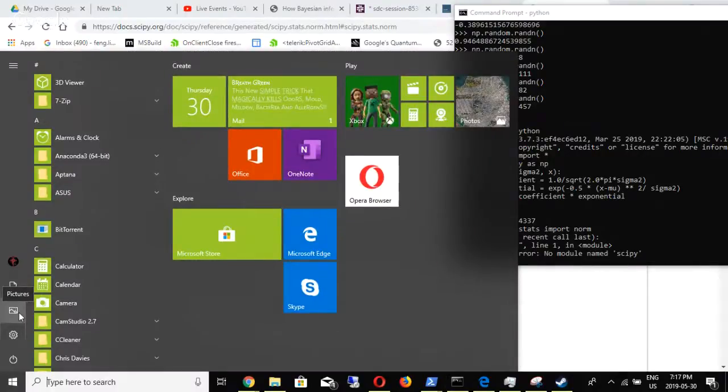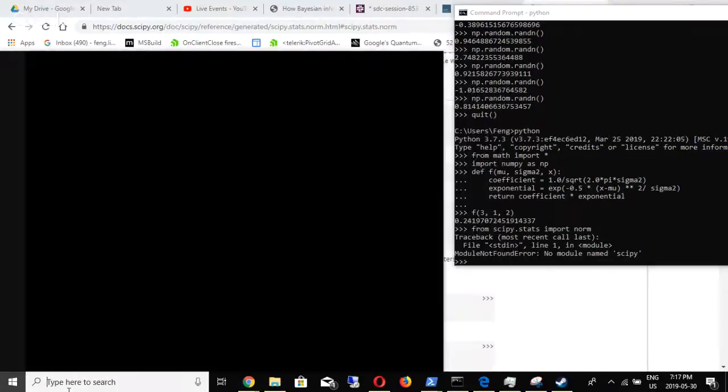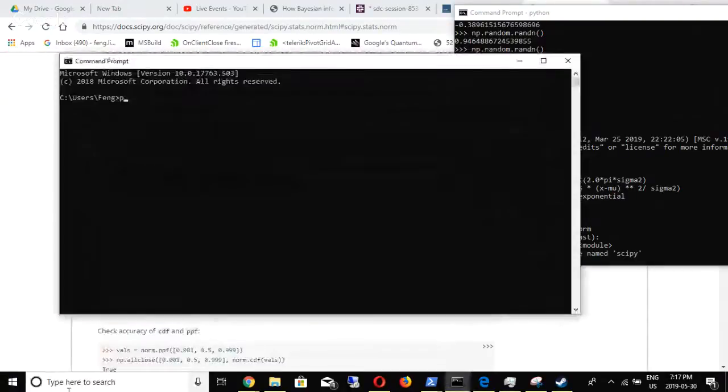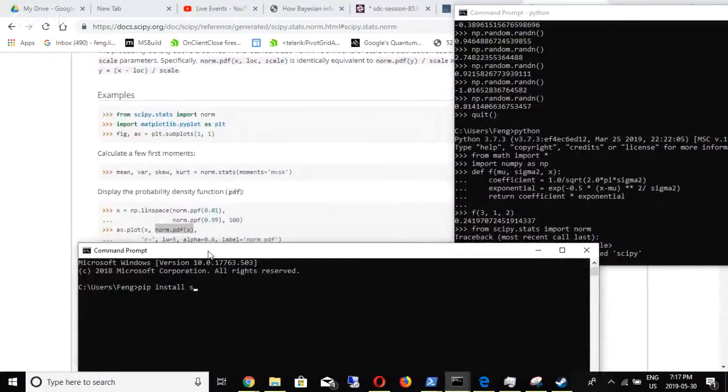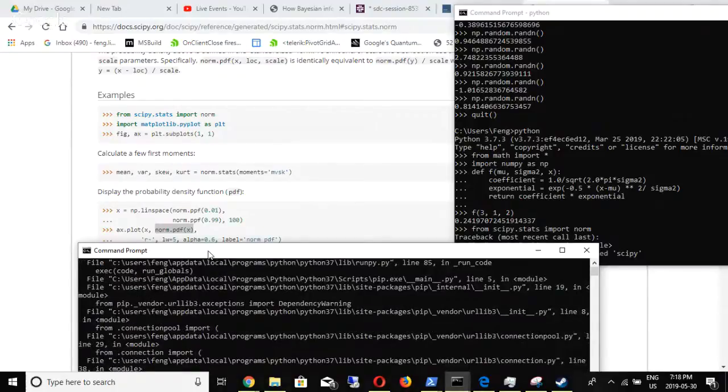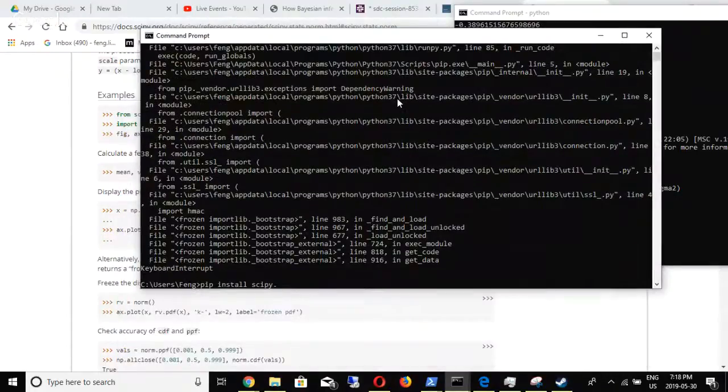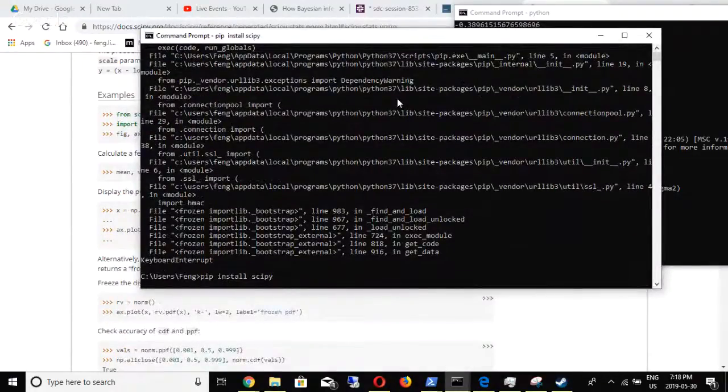No module found. Let me install SciPy. Okay, well, it does that.